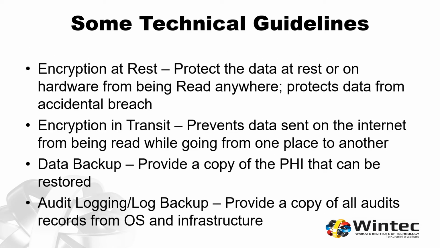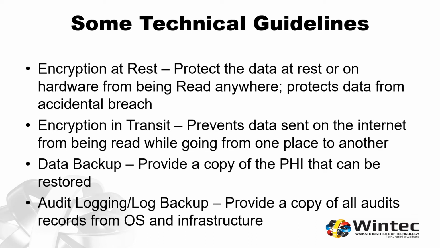Now, while handling these risks from a technical perspective, some of the guidelines that are normally put in place by mature organizations are: 1. Encryption at rest. This means to protect the data at rest or on hardware from being read anywhere. It protects the data from accidental breach. Encryption in transit. This prevents data sent on the internet from being read while going from one place to the other.